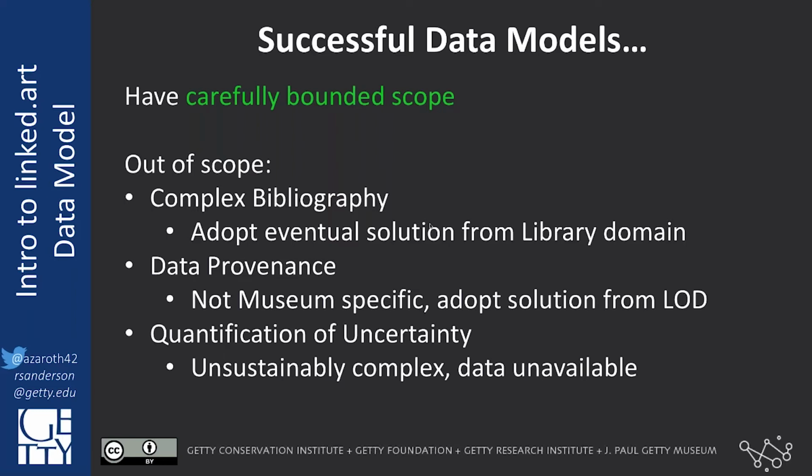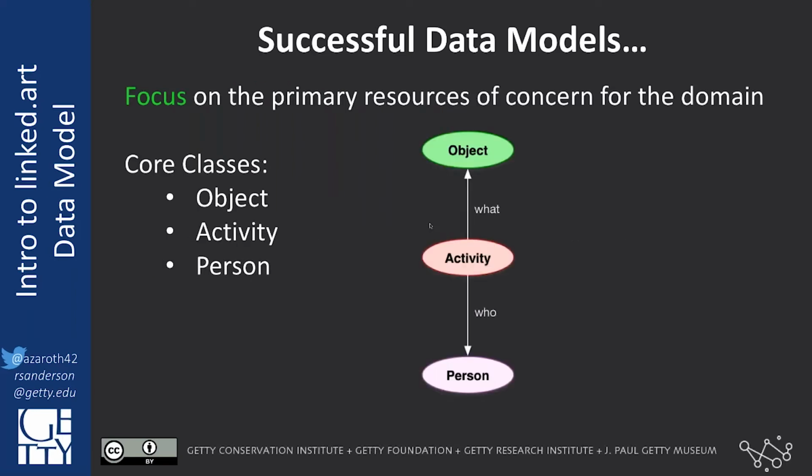For that, we figure that the library domain is working on BibFrame and other linked data patterns, so we can simply adopt whatever solution they come up with, assuming that it's reasonable. It might be that it isn't, and that we need to do the work ourselves, but hopefully not.